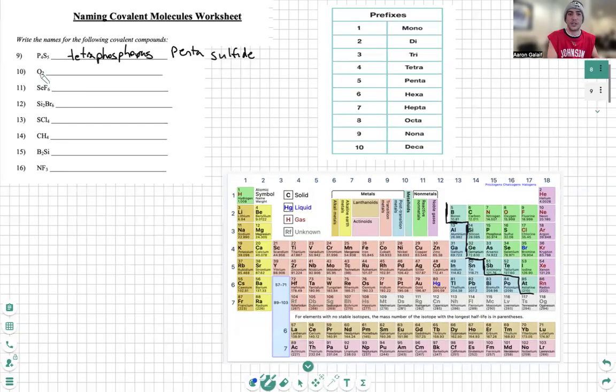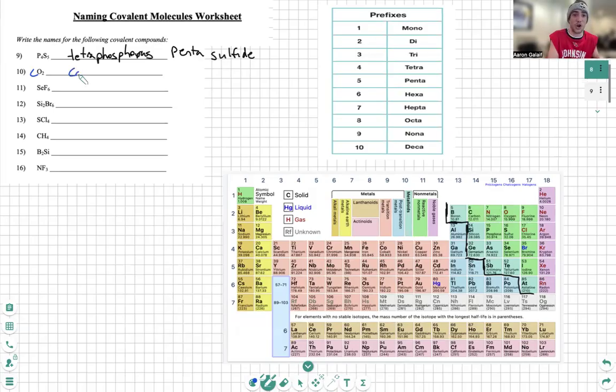All right. Number 2, we just have oxygen. I don't know why that's there, but let's make that carbon dioxide. So we have C and O2. I see my C and O are both nonmetals. Therefore, I can write the prefixes. Carbon only has 1, but we do not put mono for the first term, only the second term.